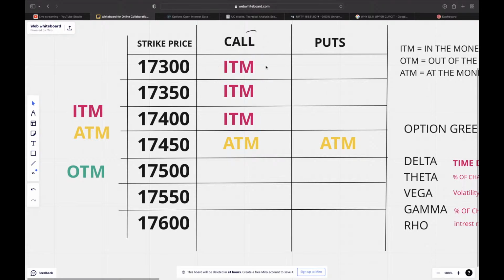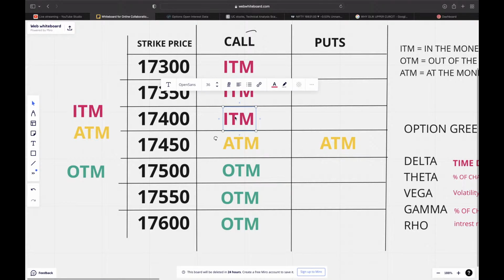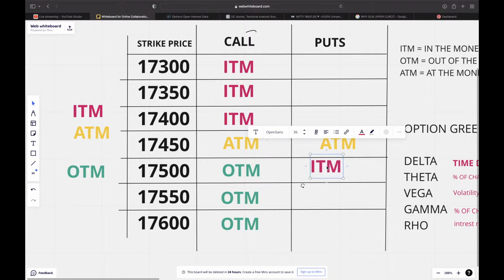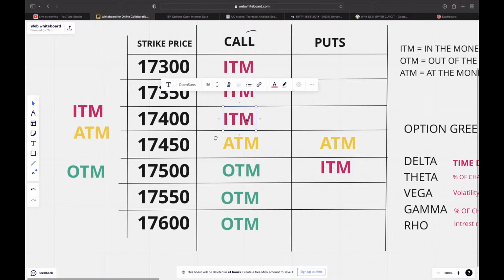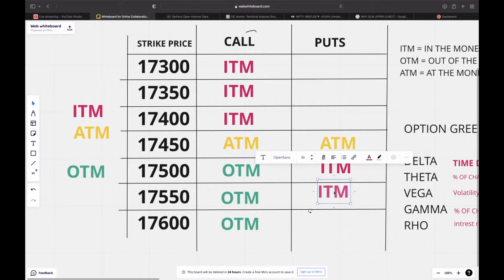These are all your in the money strike prices. Similarly, what is out of the money for calls? This. The more you learn this, the better it is for you. And in puts, it is just quite opposite.